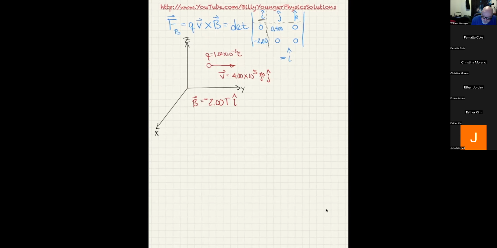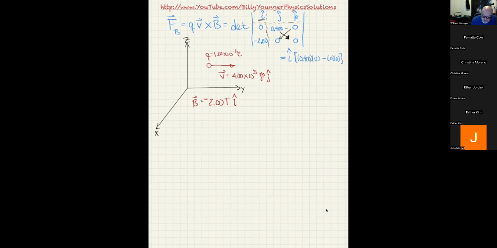And in fact, what I have to do to take the determinant of a 2 by 2 matrix is I go top left to bottom right minus top right to bottom left. That's the way you do a determinant of a 2 by 2 matrix. So in this case, what I'm going to do is 0.4 times 0 minus 0 times 0.